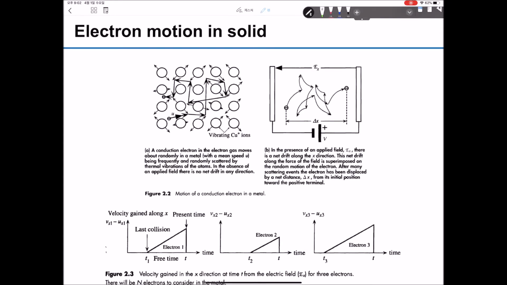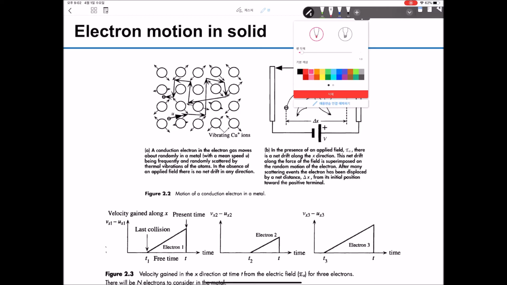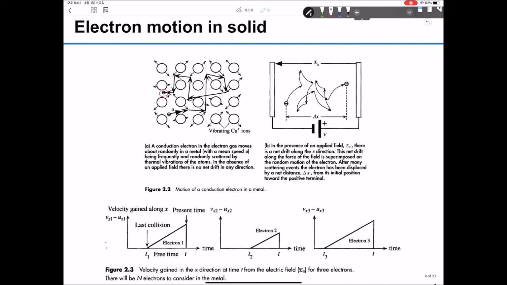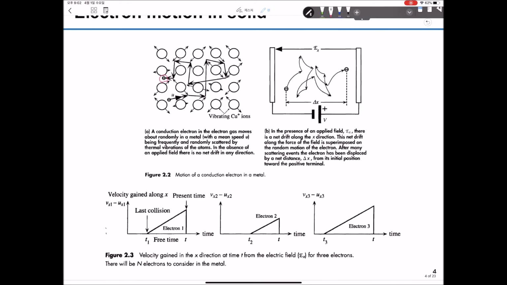So in a conductor, in a solid, as I said, the charge carrier is the electron. And here it says, a conduction electron in the electron gas moves about randomly in a metal with a mean speed u, being frequently and randomly scattered by thermal vibration of atoms.